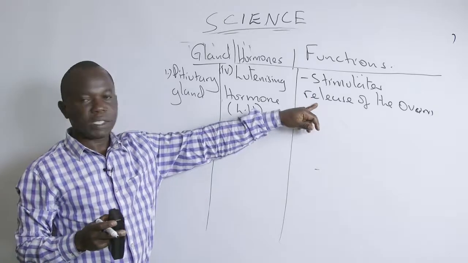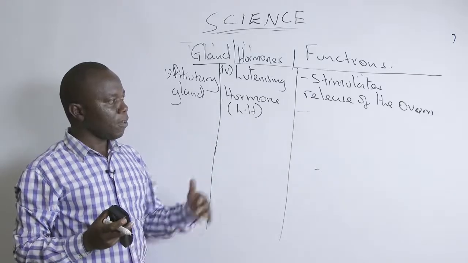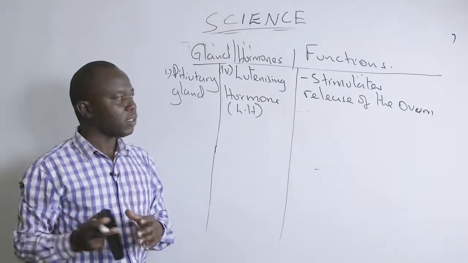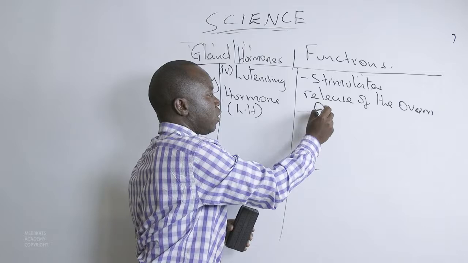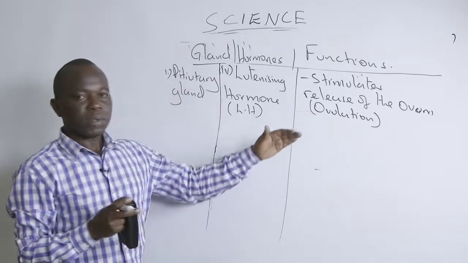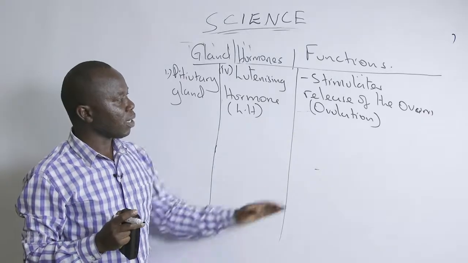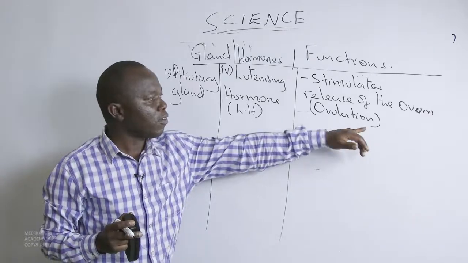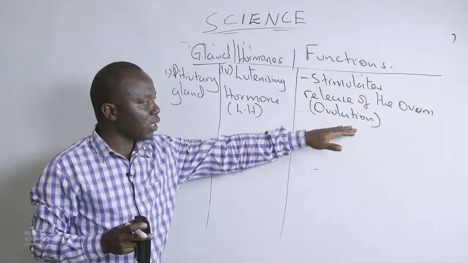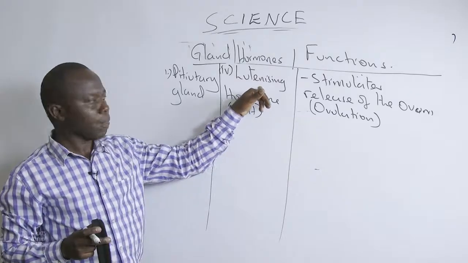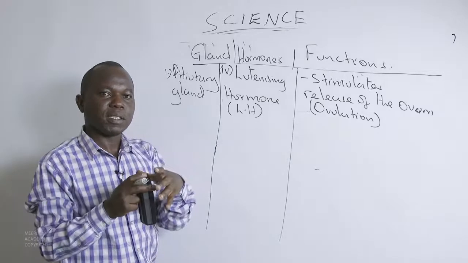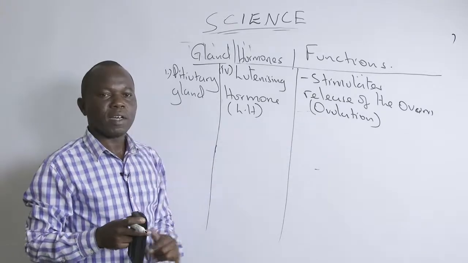That process of releasing ovum from the ovaries when follicles have matured is called ovulation. When we shall be looking at the menstrual cycle, you realize that this process is important. Ova must be released into the fallopian tube. That process of releasing is under the influence of luteinizing hormone. We call it ovulation. When ova is released and it meets the sperm, there will be fertilization.